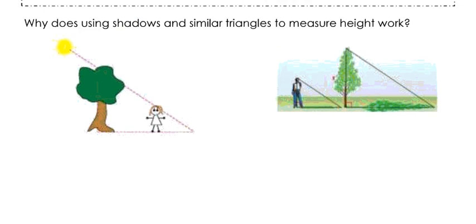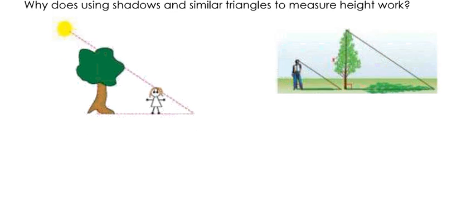So why does it work? Well, one of two different things is going to happen. Either we're going to have the objects standing right next to each other and the sun coming in such a way that the ends of the shadows meet at the same point.